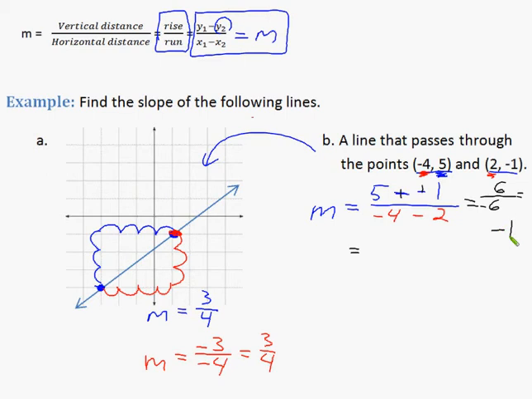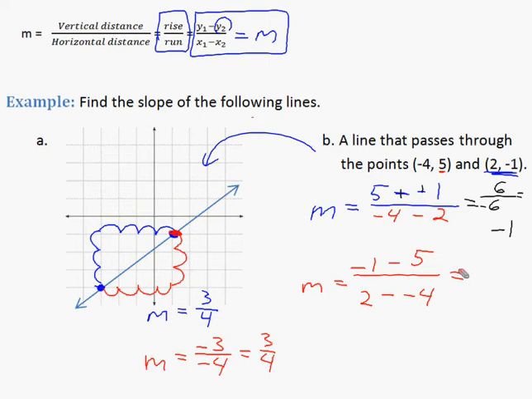Now again, someone might say, well, what if you used the other point first? What happens if we use this as our first point? So let's check that. We've got m equals, and we can say our y value, so -1 minus 5, our second y value, over 2 minus -4.